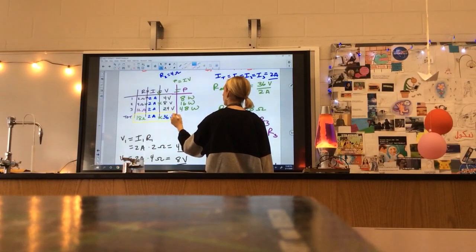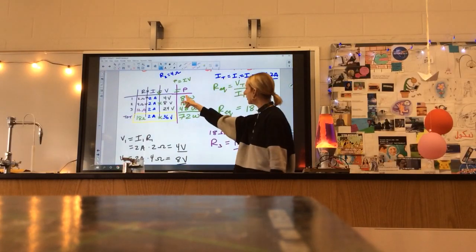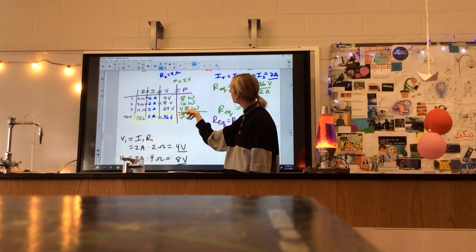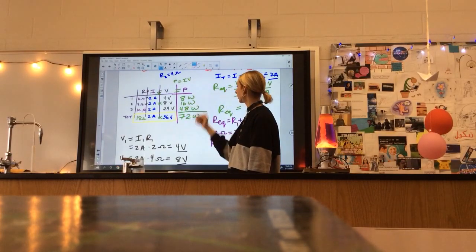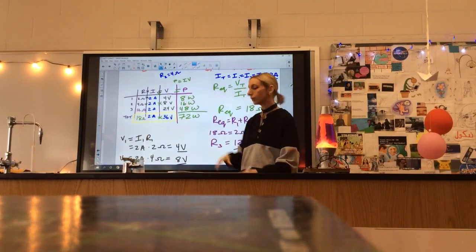So 2 amps times 36 volts is 72 watts. So if these add up to 72, which it seems like they do, then you're in great shape. So sometimes this will be useful to you.